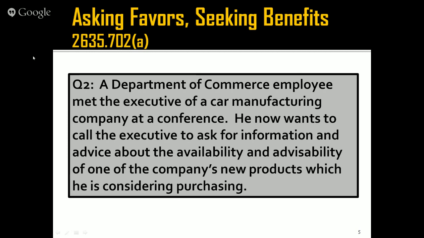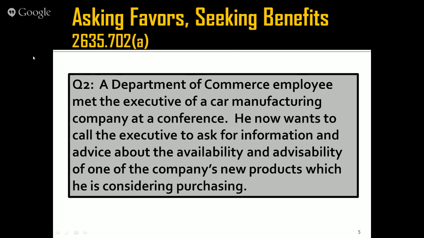Again, it's coming from the perspective of what that executive of that car manufacturing company is going to think or feel if he has casually met a federal employee who works for a department that may or may not be in a position to affect him in the conduct of his business.